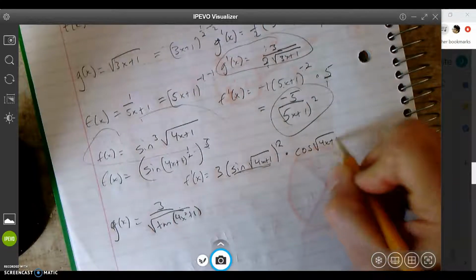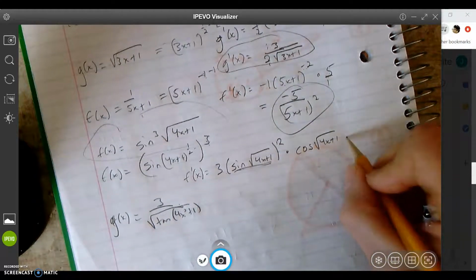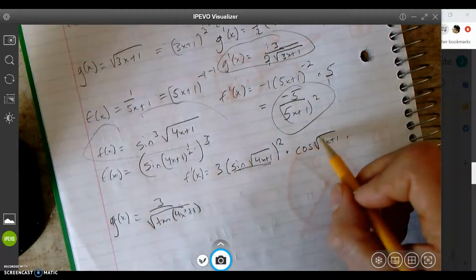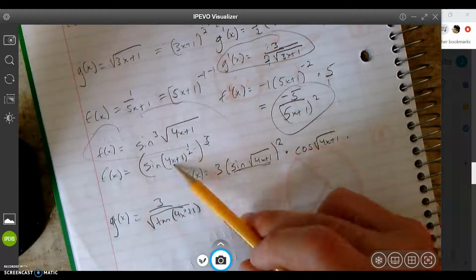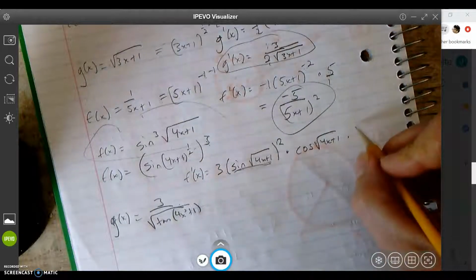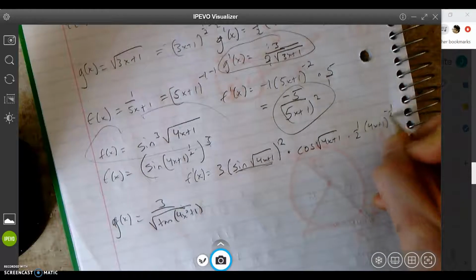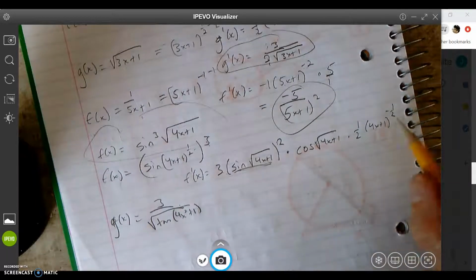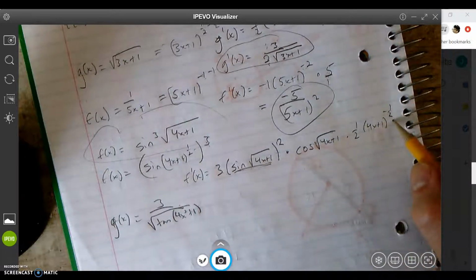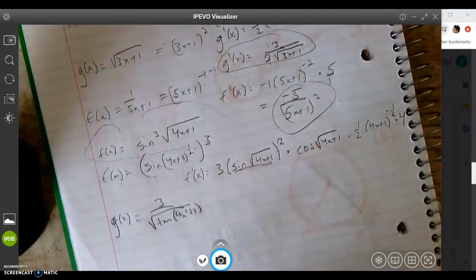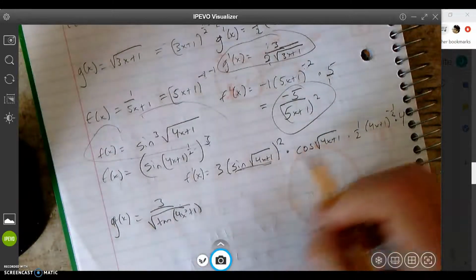Keep the inside. Times derivative of the inside, so that's 4x plus 1 to the 1/2. So that's 1/2 4x plus 1 to the negative 1/2. Times derivative of the inside, times 4. Damn, that's a lot. That's the whole thing.